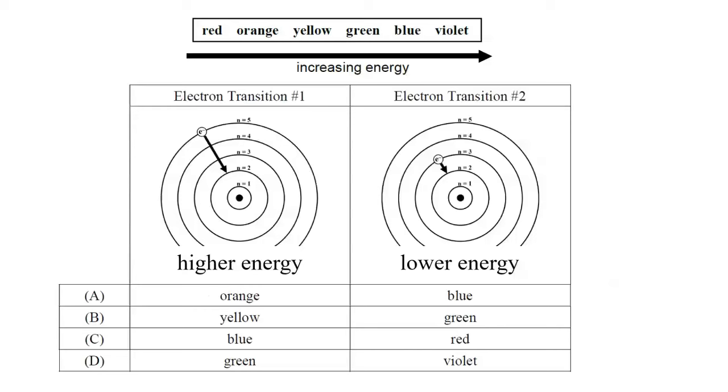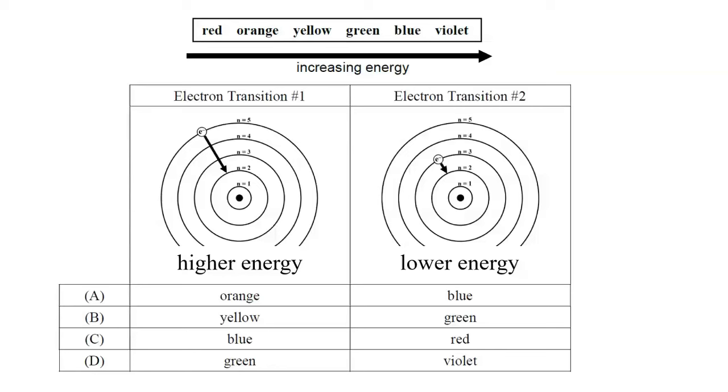So now that we know that higher energy will be released for the transition on the left, and that lower energy will be released for the transition on the right, we can go ahead and analyze the colors that are listed in these 4 choices, A, B, C, and D.